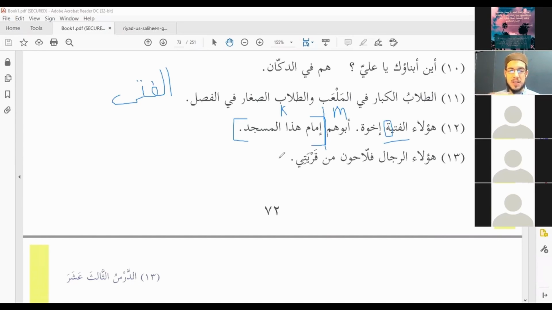So in English, what is it trying to say? What's the relationship between the masjid and the imam? To say in would be to say location, which we don't have. We don't have fi. What relationship does an imam have to a masjid?